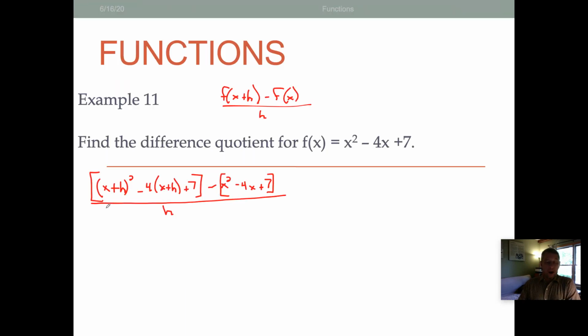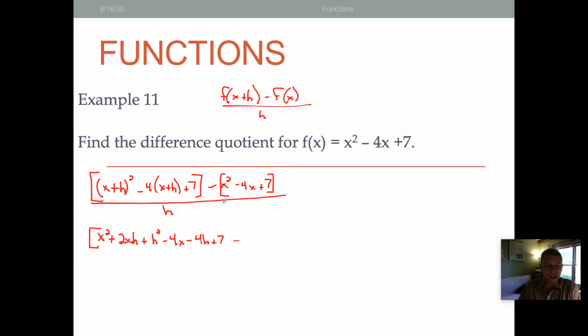Okay, now the value x plus h squared is going to be equal to x squared plus x times h plus x times h is 2x times h, plus h times h is h squared, minus 4x minus 4h, because the minus 4 times each of those, plus 7.